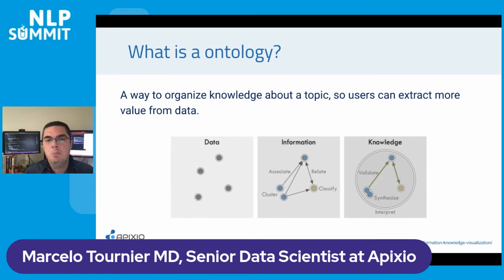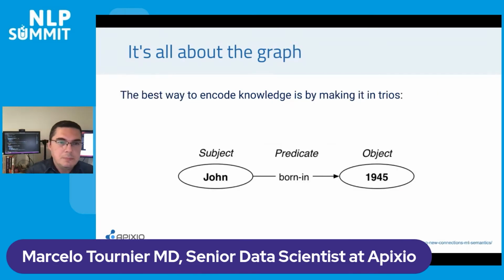But I think that the most simple way to get a basic understanding of what it is, is a way to organize knowledge. And it's all about the graph, baby.